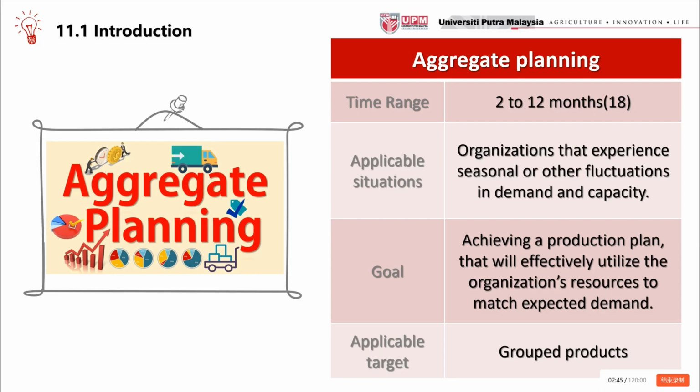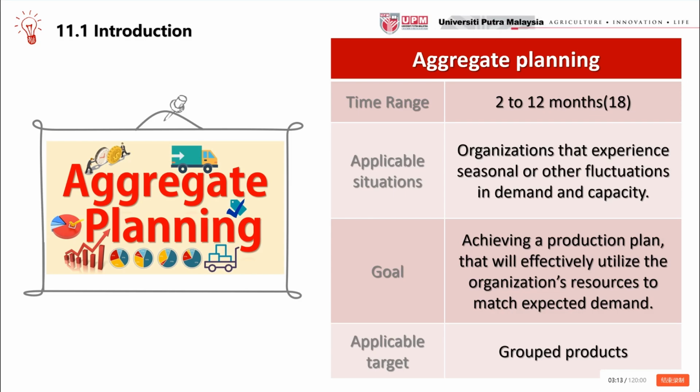The goal of aggregate planning is achieving a production plan that will effectively utilize the organization's resources to match expected demand. Finally, the applicable target is grouped products instead of individual products. That's why we call aggregate planning a big picture approach of planning.